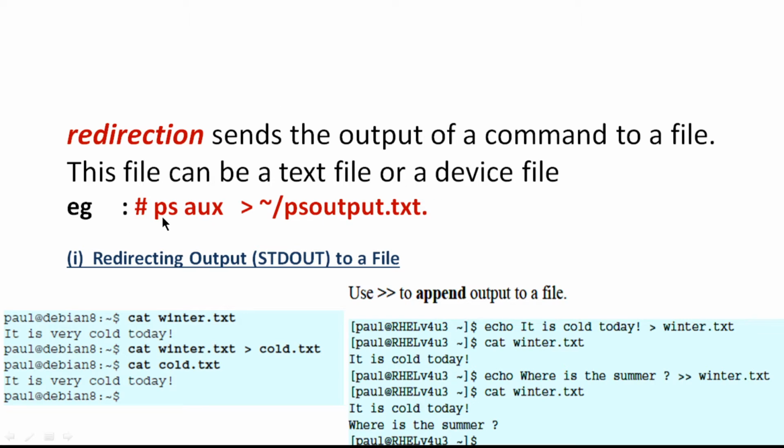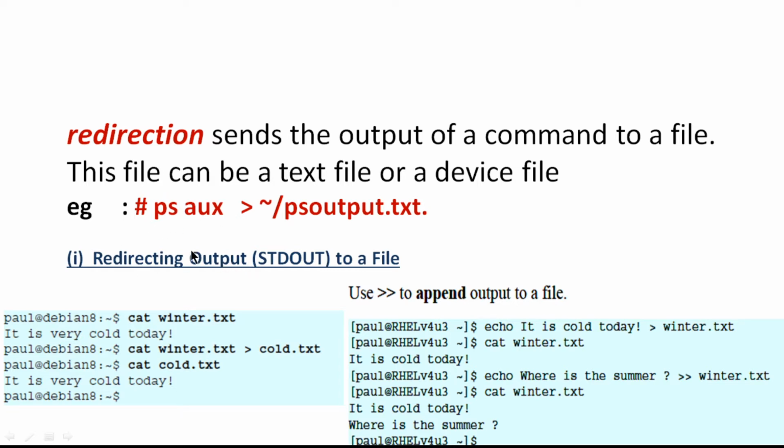Again I have used the same command ps aux, and here I have used the greater than symbol, and then I have asked it to move to the current directory, where I have a file called ps_output.txt. I have asked this command to execute and move all the output into ps_output.txt. This is done by using the greater than symbol.